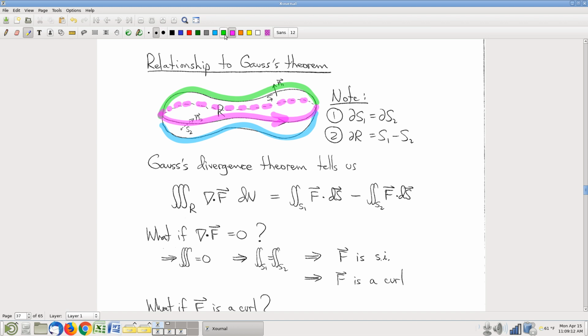I want these two surfaces, S1 and S2, to have the same boundary. I want them to induce the same orientation then on the boundary. And so, counterintuitive though it may seem, the orientation on the green surface, that is what you're going to want to call outward. The orientation on the blue surface is, well, what you're going to want to call inward.